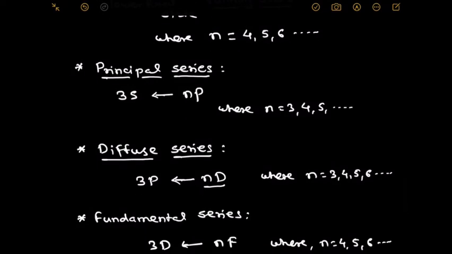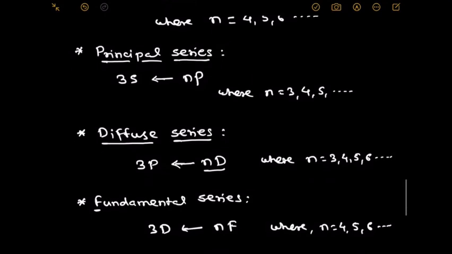Similarly, the fundamental series. We write the symbol F for that one, so all running states start from the F state. Where do we start the F series? When n is greater than or equal to 4, meaning n starts from 4, 5, 6 and so on.